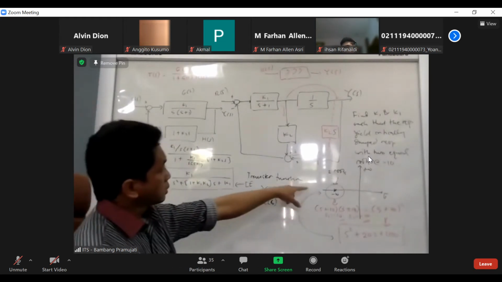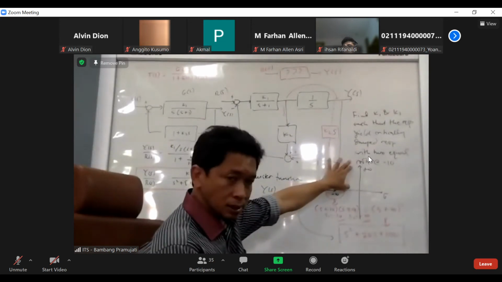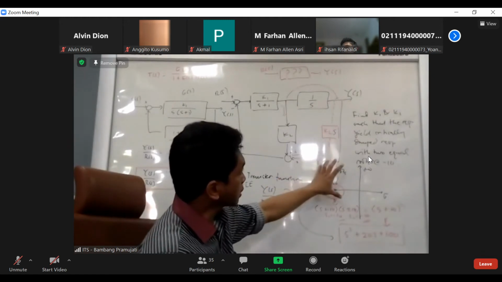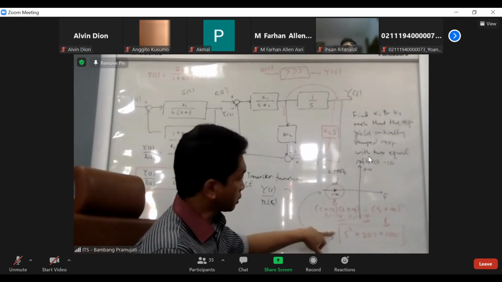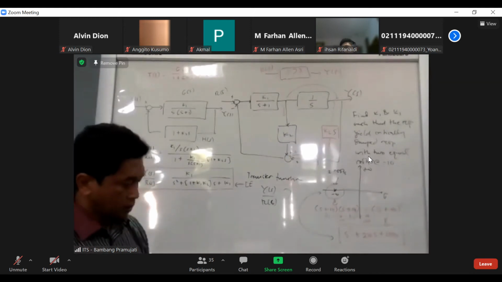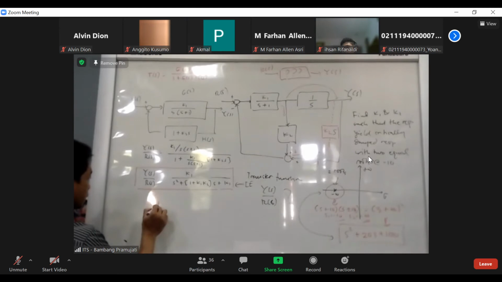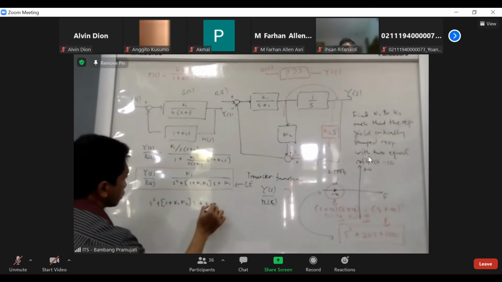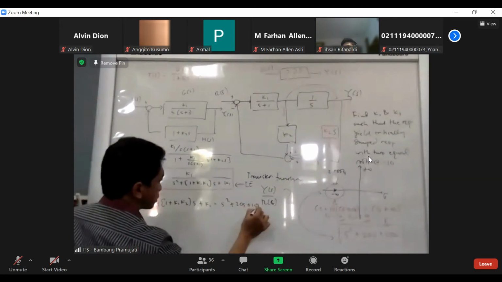Since your poles, based on the information you have, will be located at minus 10, real and repeated poles, which represent the critically damped response, we should have this as the characteristic equation. Therefore, we have to equate this equation and that equation: s squared plus (1 plus K1 K2) s plus K1 equals s squared plus 20s plus 100.